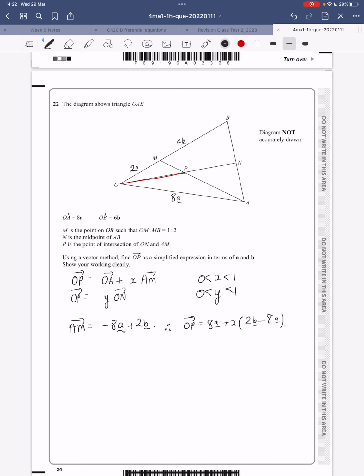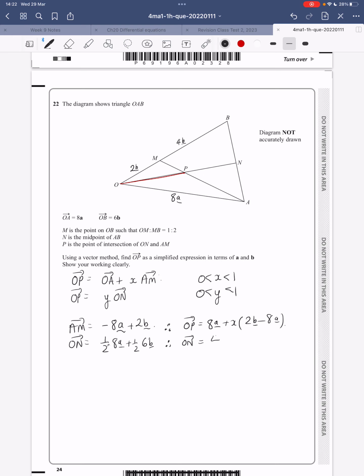Okay. O to N, what do we know about O to N? N is the midpoint of AB. So the midpoint of AB, we'll go half the way to A, and half the way to B. Okay, so it's a half of 8A plus a half of 6B.